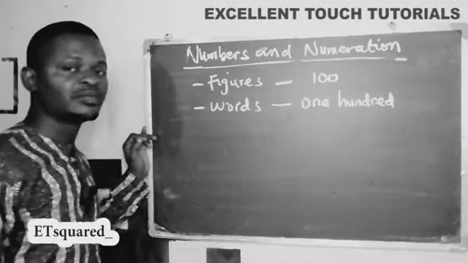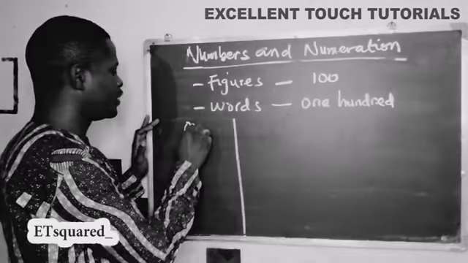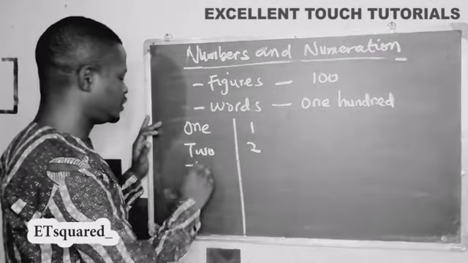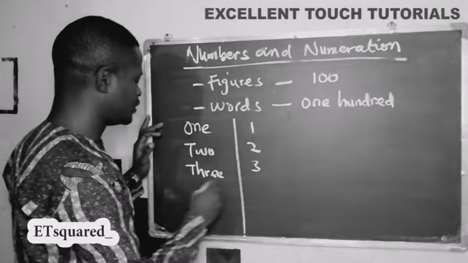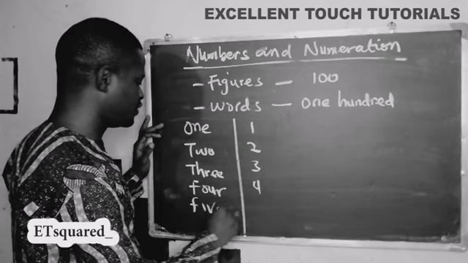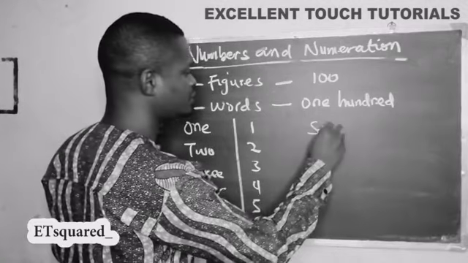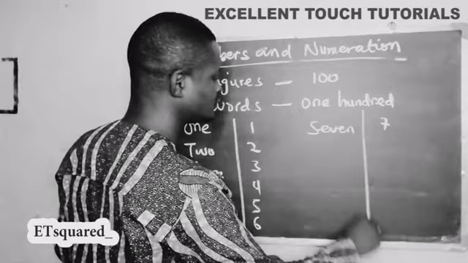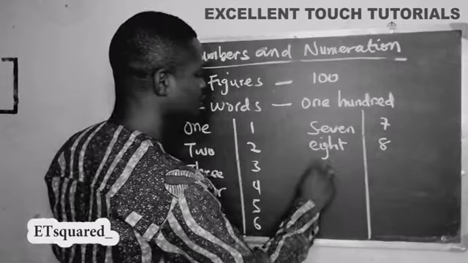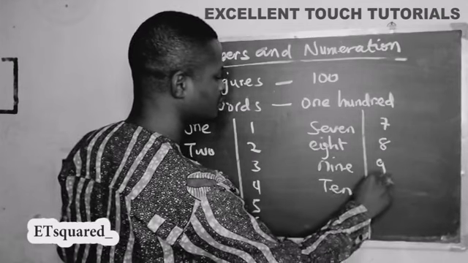Of course, this is basically part of your primary school work, where you are told that ONE is 1, TWO is 2, THREE is 3, FOUR is 4, FIVE is 5, SIX is 6, SEVEN is 7, EIGHT is 8, NINE is 9, and TEN is 10.